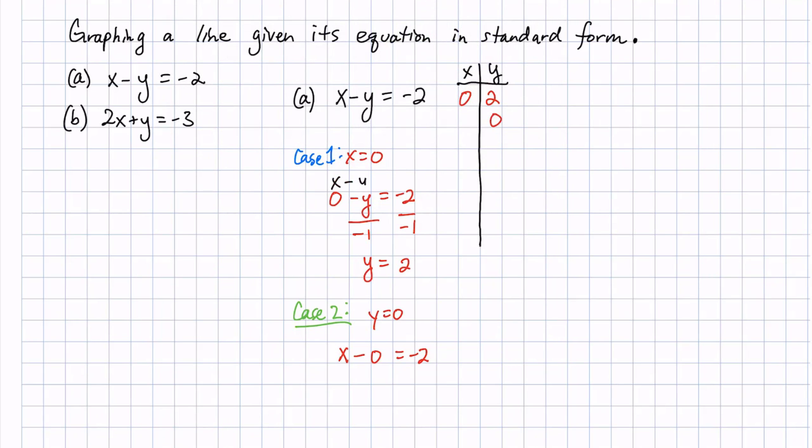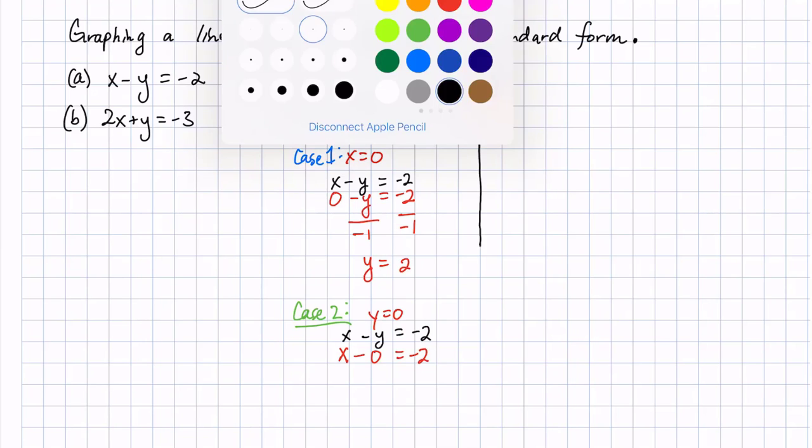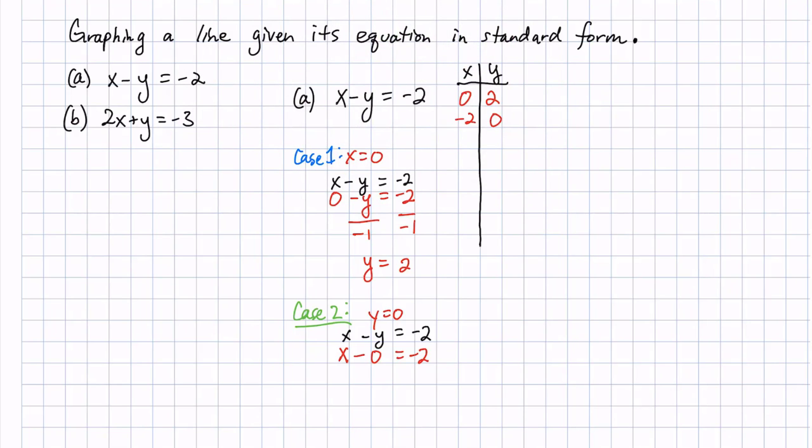So if I'm going too fast, I could put this back here. This says x is equal to negative 2. So we have two ordered pairs. These translate to coordinates, or ordered pairs, an x and a y.